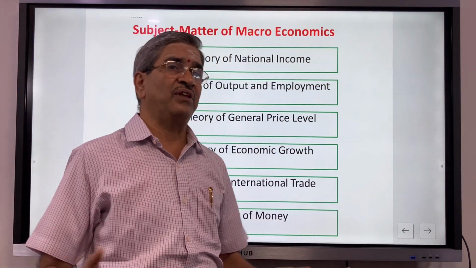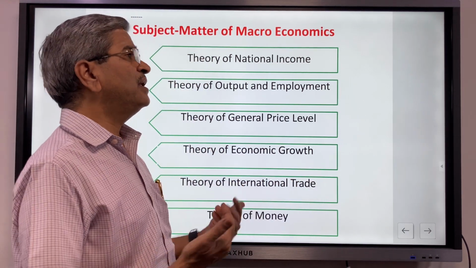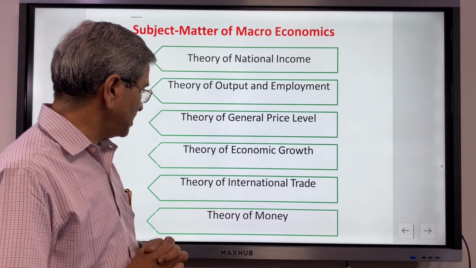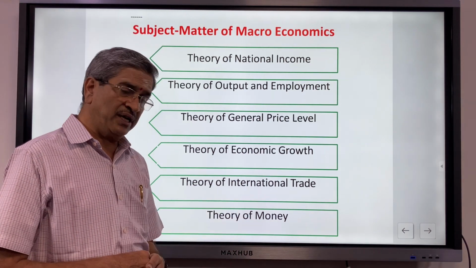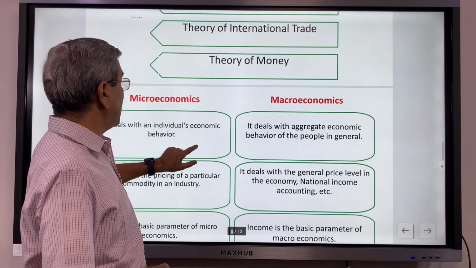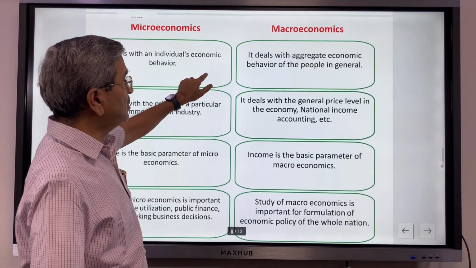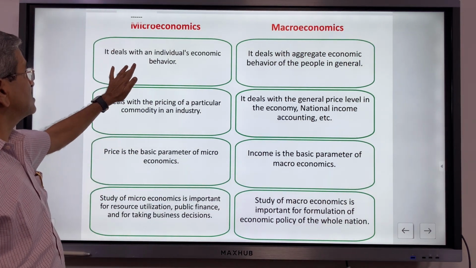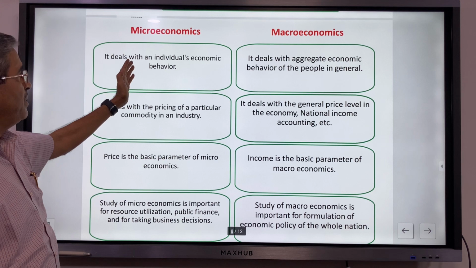General price level: if the general price level is high, then the consumer will not be able to buy the product. Economic growth of the country, international trade, exports and imports, theory of money, all these things are covered in macroeconomics.